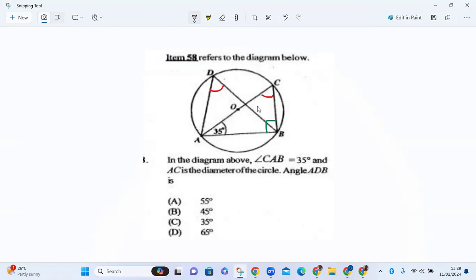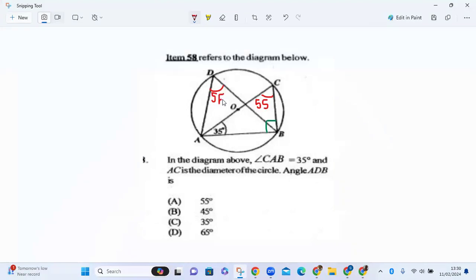So 90 minus 35 gives 55. So BCA is 55 degrees. From the theorem whereby the angles in the same segment, the butterfly effect, ADB is 55 degrees also.